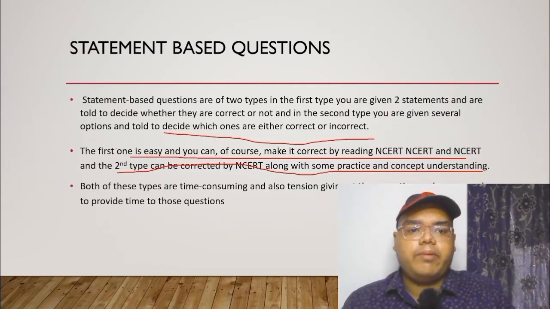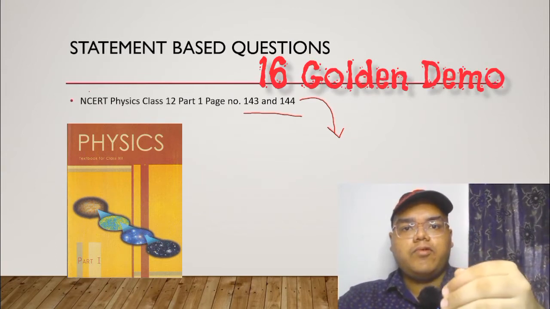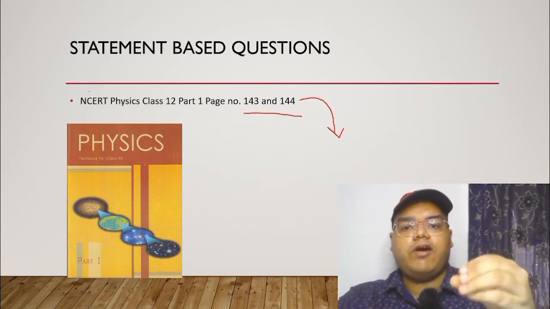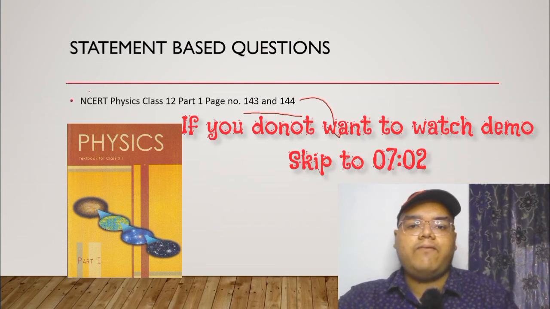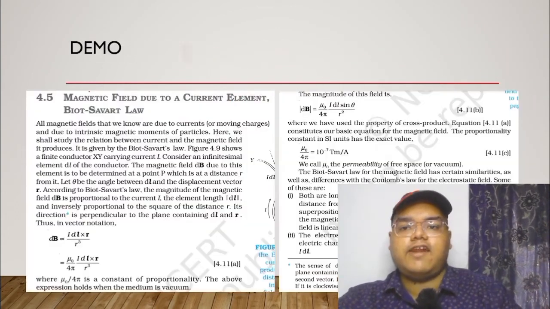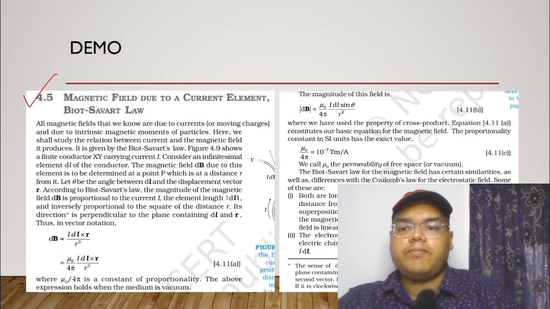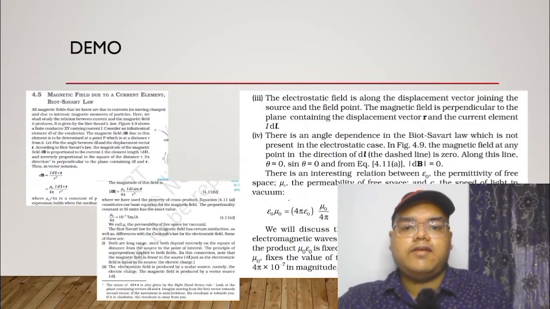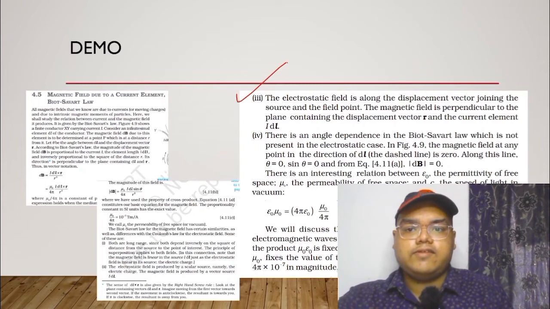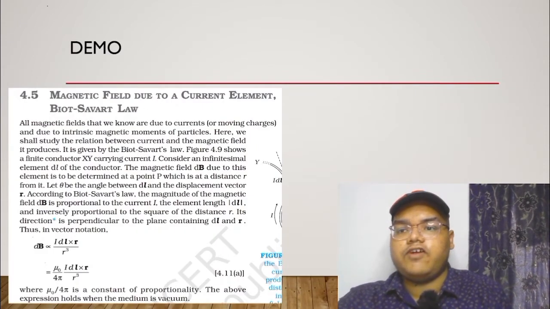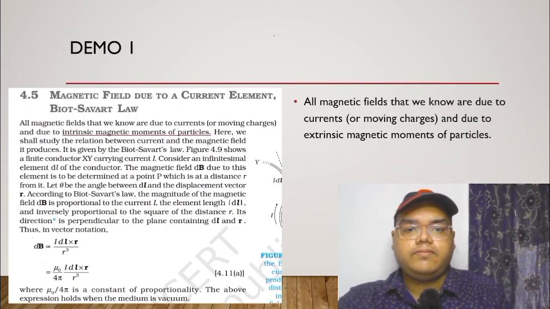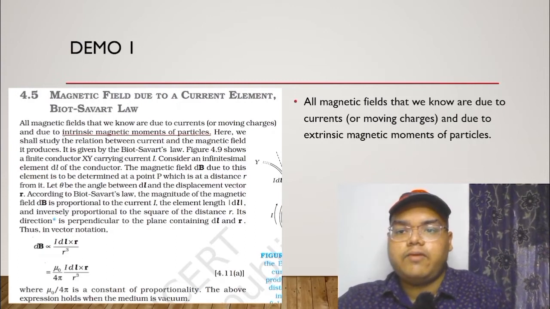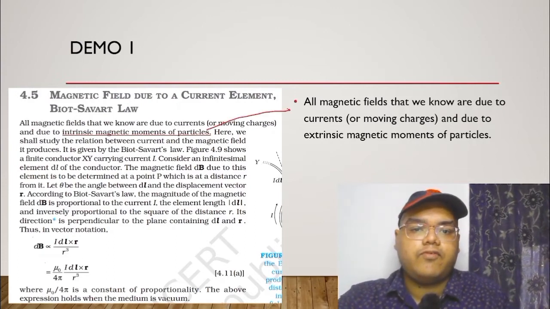Okay, so remember it. I will show the demo from NCERT Physics Class 12 Part 1, page numbers 143 and 144. So let's start. This page is the continuation of this page and this page. Okay, so let's see. This is the first page and this is the first line, and we can make the true false question like this.